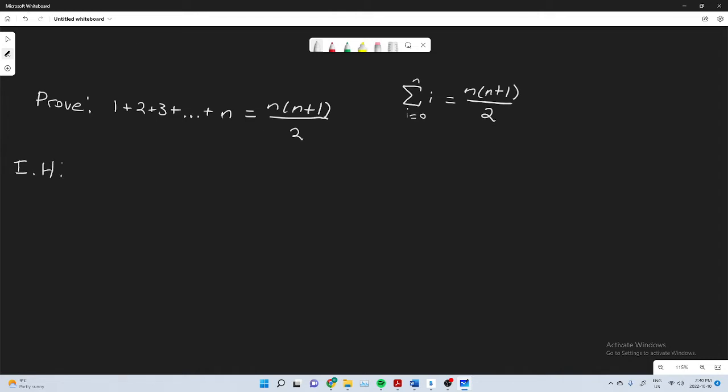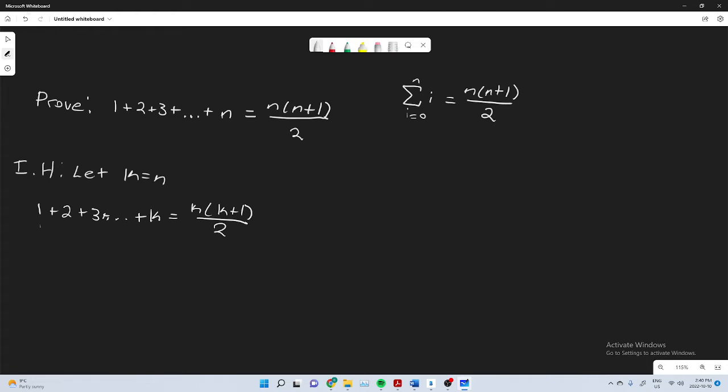Our inductive hypothesis will say let k equal n, and we're going to say that 1 plus 2 plus 3 dot dot dot plus k equals k times k plus 1 over 2. So here's our inductive hypothesis. We're assuming that for some value k, where k is equal to n, this is true.